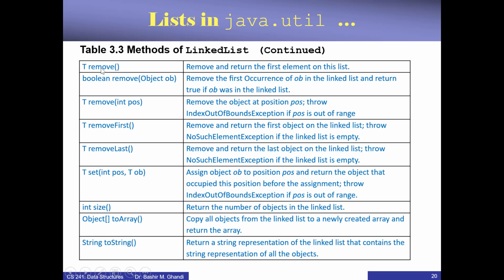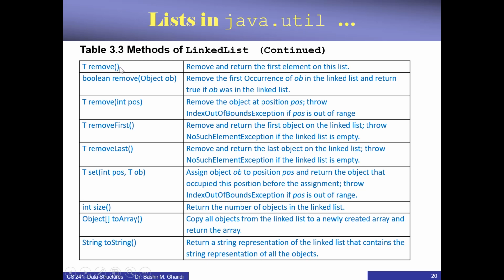Now, this is similar to the add method that we saw in the last slide, where if you say just remove, what do you mean? Without indicating where to remove and without giving any parameter, no argument here.